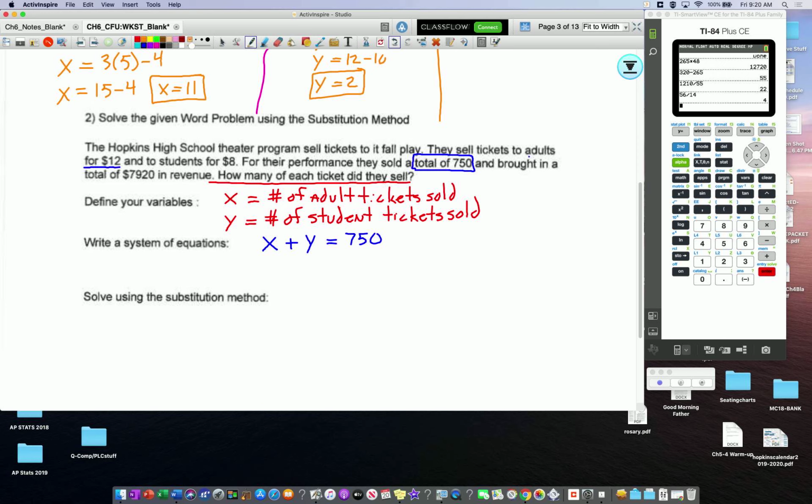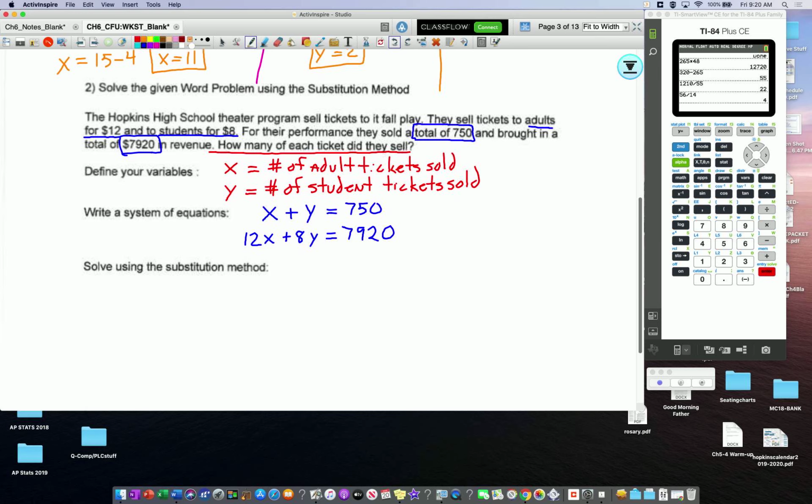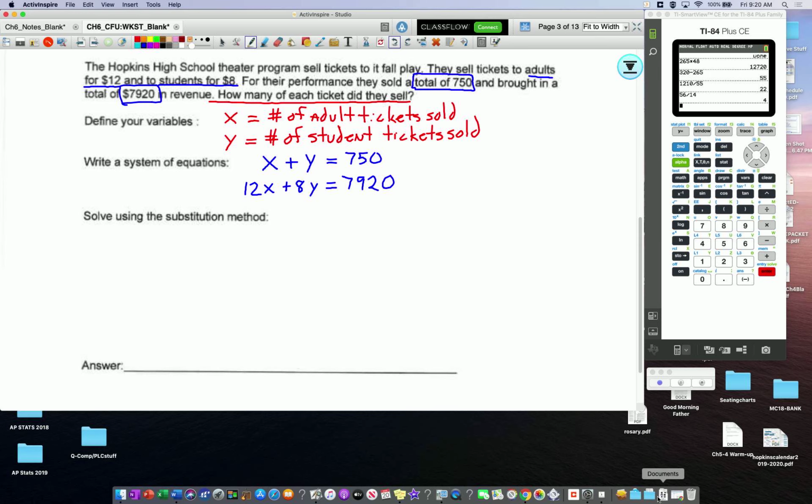So adult tickets were $12. So x is the adult, so 12x, plus student tickets are $8. 8y has to equal the revenue, $7,920.